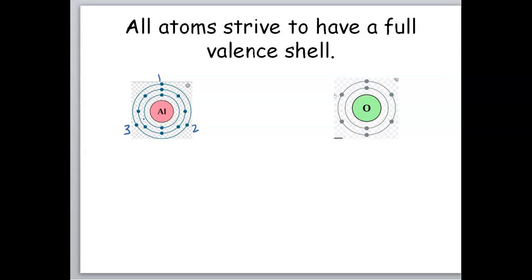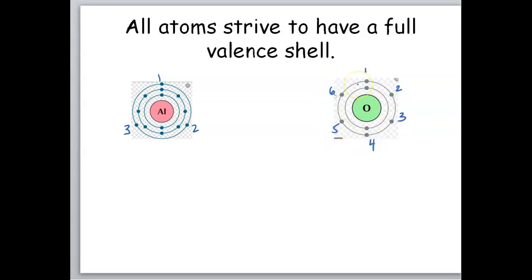So you ask yourself, is it easier to lose 3 electrons and have the shell beneath that be the full valence shell, or is it easier to gain 5? And remember, you're always saying that the smallest number is the easiest option. In terms of oxygen, we have 6 valence electrons in oxygen.